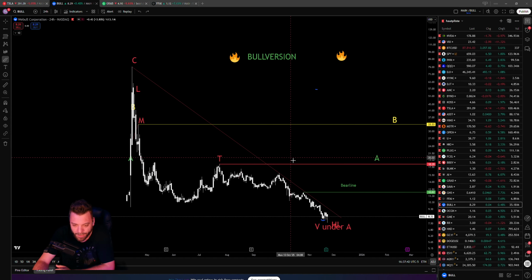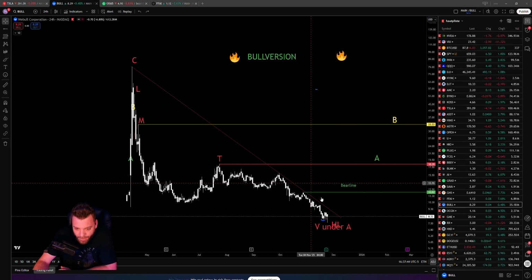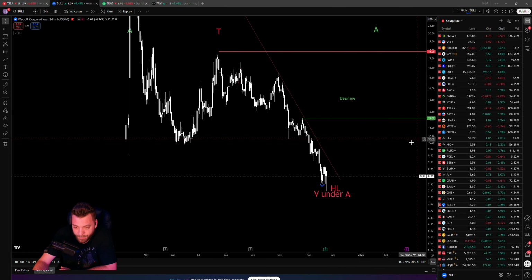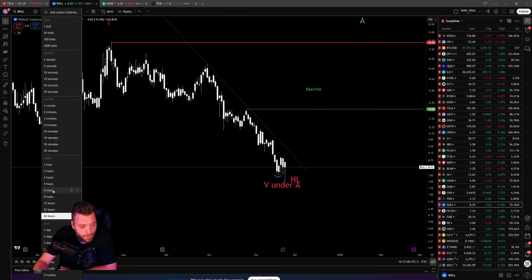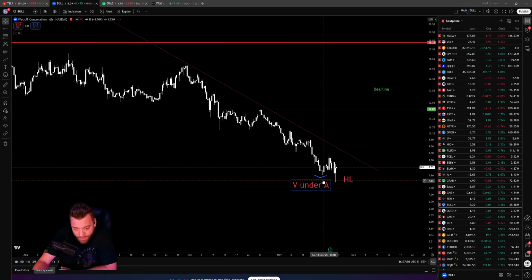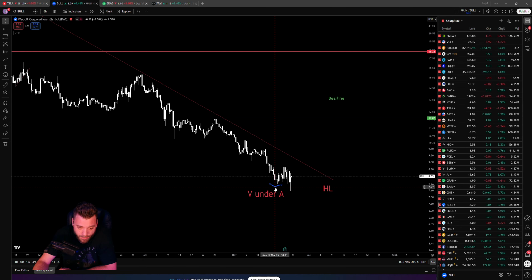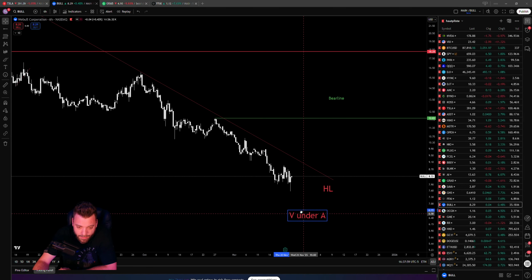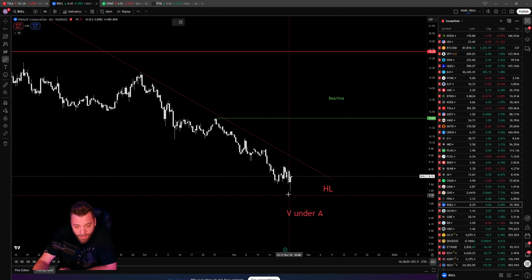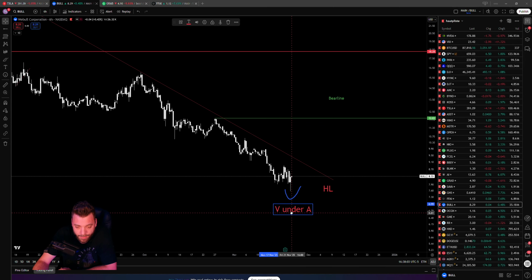We don't have 0.5s, we don't have V under A. So for the short term, as already said last week, don't touch it till you have confirmation that the high low is finished. And you see, this wasn't a V. So we are still waiting.